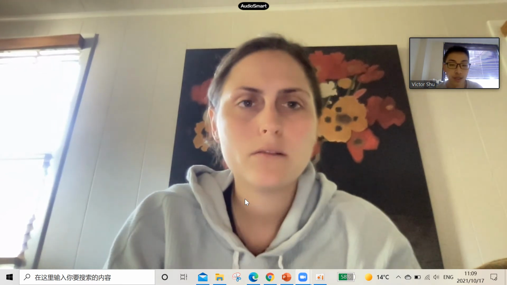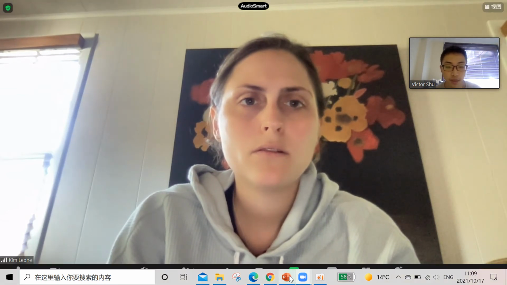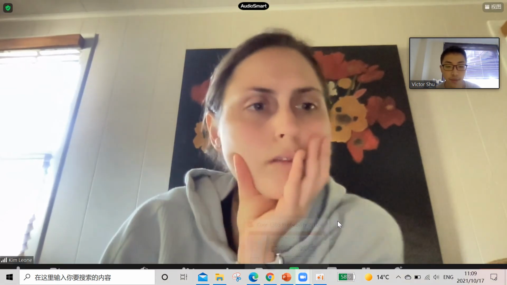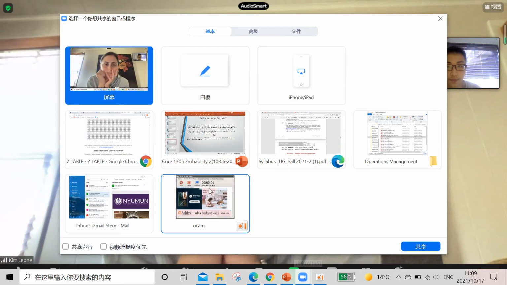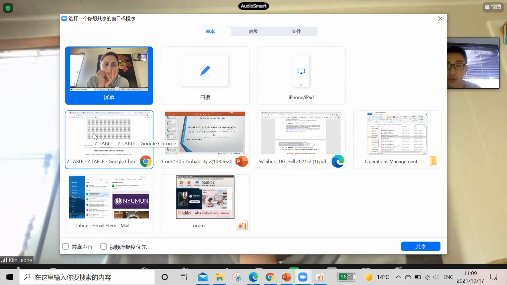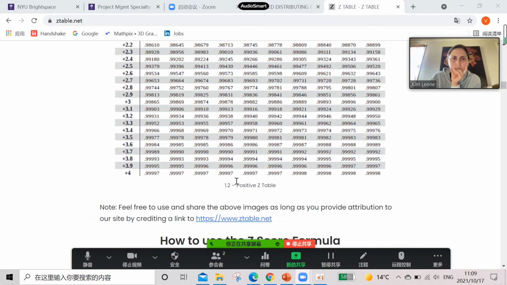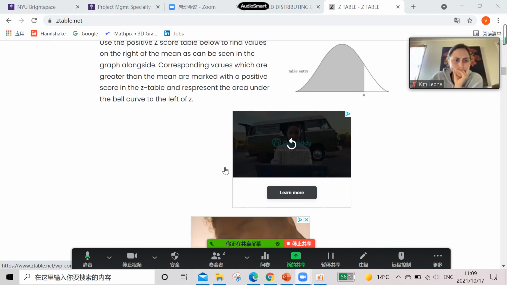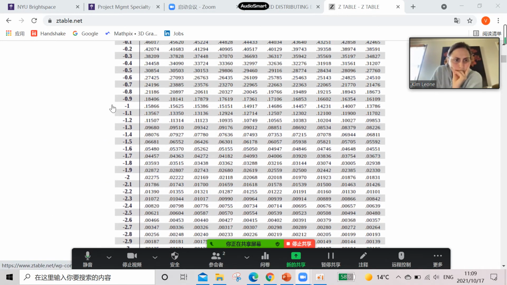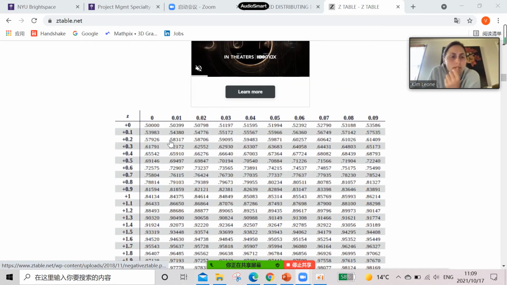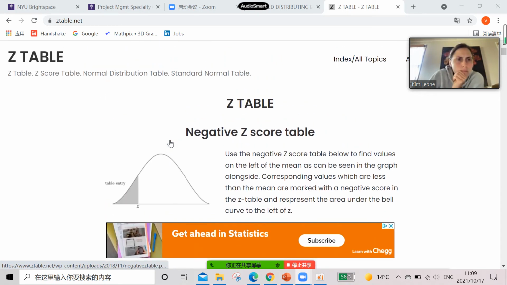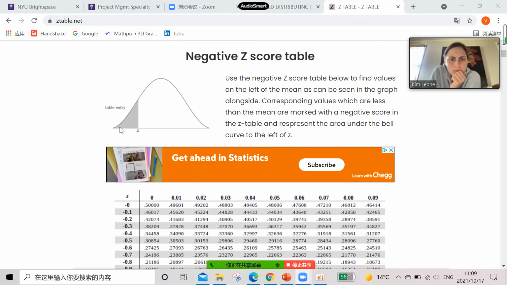There are two ways to find that. Let me share this one. Sometimes they have two distributions, one negative and one positive. For this negative one, you can see this is the shaded area.